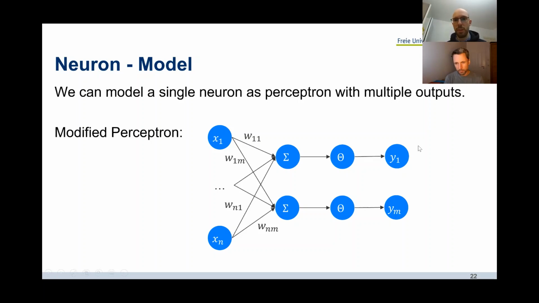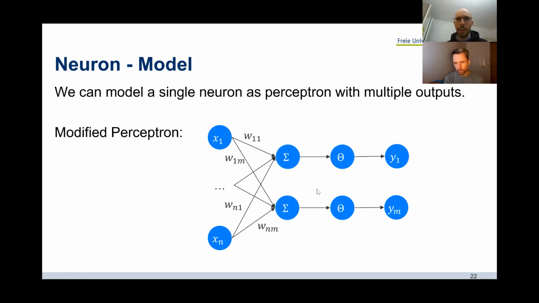So this looks pretty much the same as earlier, only that now for each output we're going to have these connections from x1 to xn to our respective yi, and with the respective weights. And this is just a graphical formalism thing.